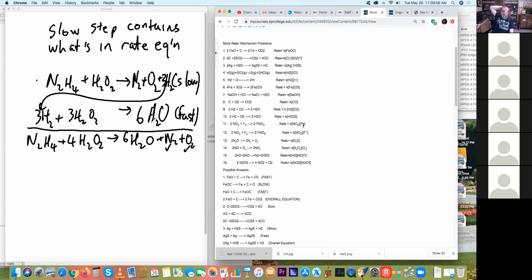All right, what about number 2? Is the slow step the first step or not? First step or second step? No, it's the first step because C is a reactant and there are 2 SO2s that are reactants. So you don't have to use all 5 of the C's?